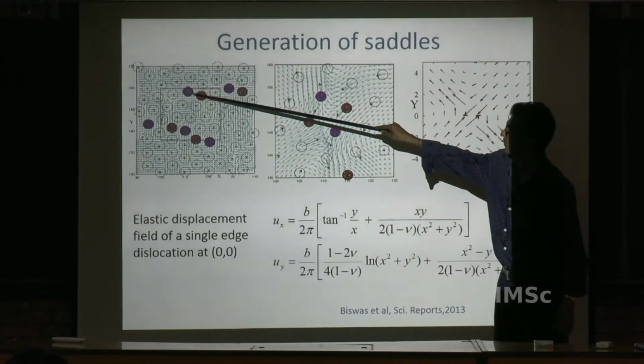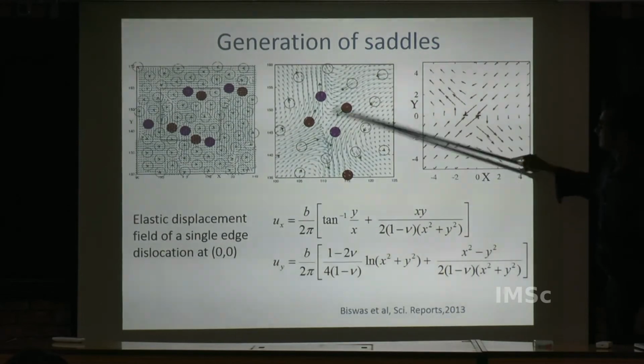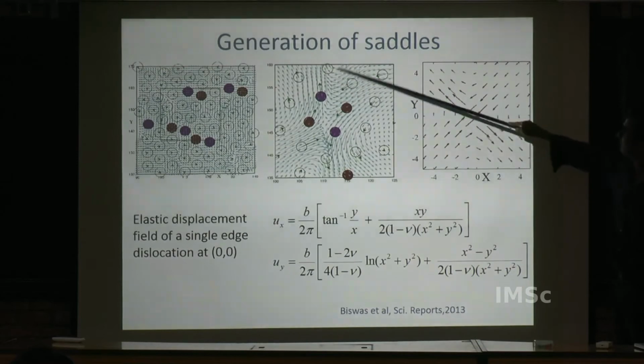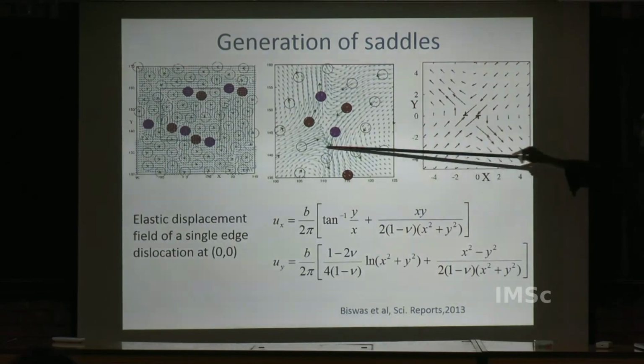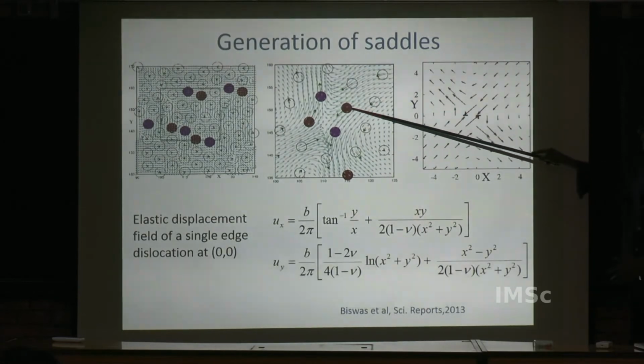So, these are 5-7 pairs, they are approaching each other, and as they approach you can see the velocity vectors look like a saddle, going out in this direction and coming in this direction, and they will eventually annihilate. So, what we understand is that these kinds of saddles, at least in polycrystals, happen because dislocations of a particular kind, these defects, come in a very special way, in the sense that they are annihilating.